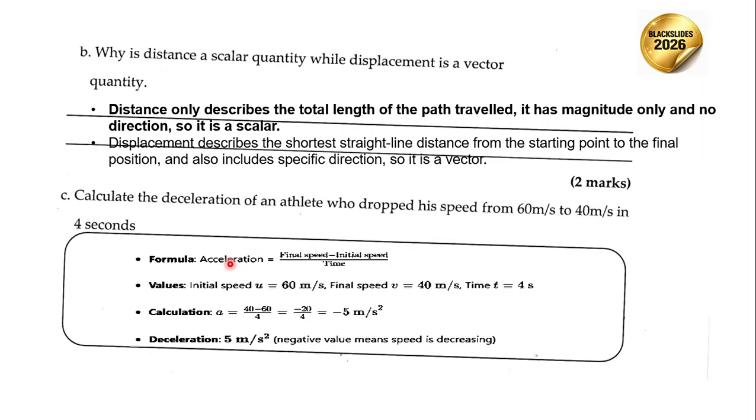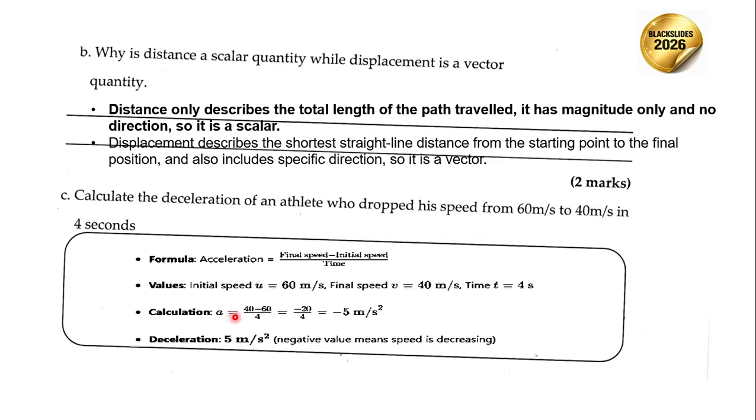So to find acceleration, we take final velocity or final speed minus initial speed. The initial speed is 60 meters per second, while the final speed is 40 meters per second. And for this change to happen, it required 4 seconds.